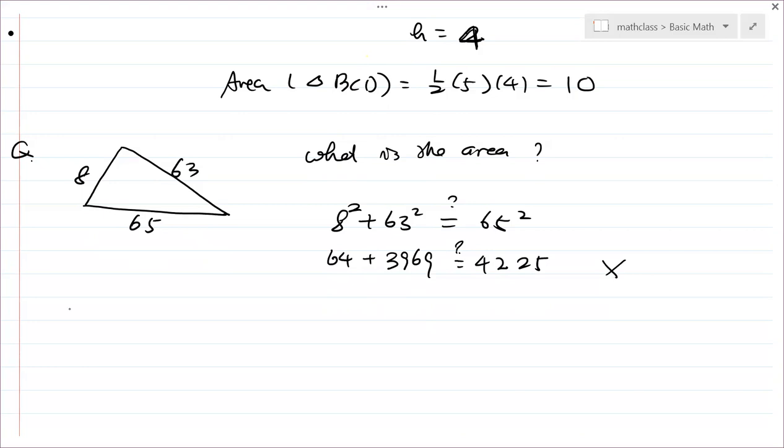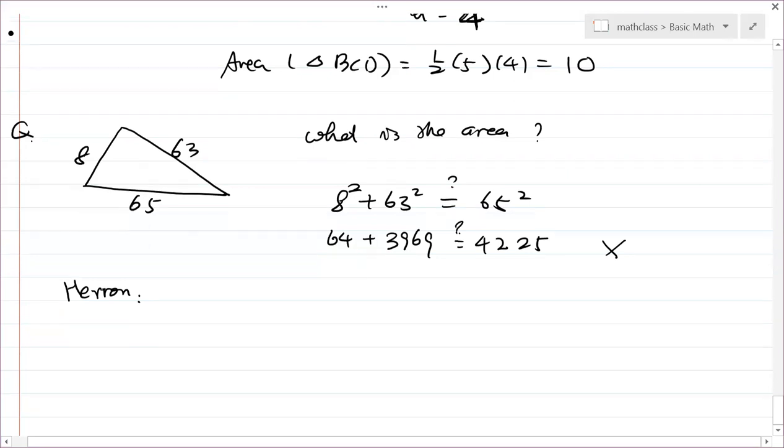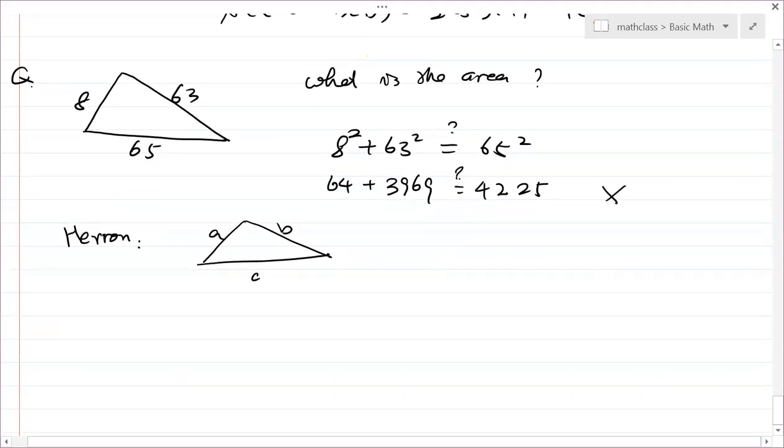There's this guy called Heron. He said, well, if the 3 sides are all given, the triangle is uniquely determined, I should be able to find the area, right? So he did it. He discovered the formula. I just give you the formula right now.